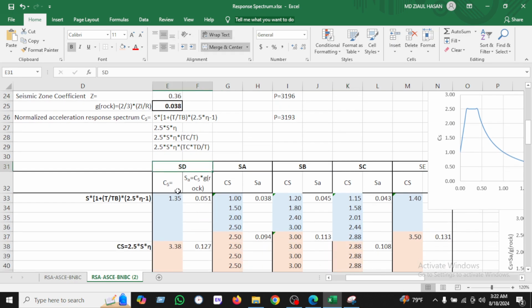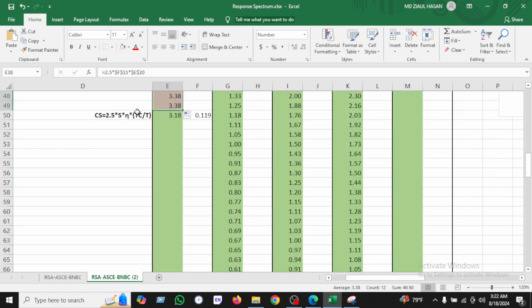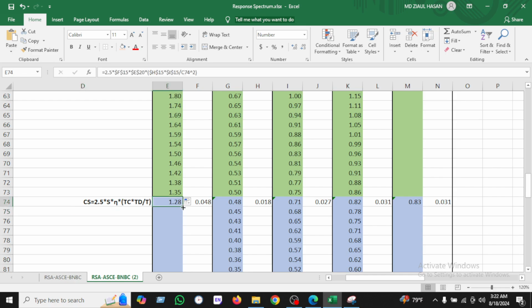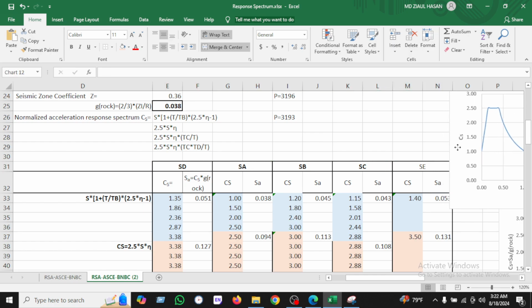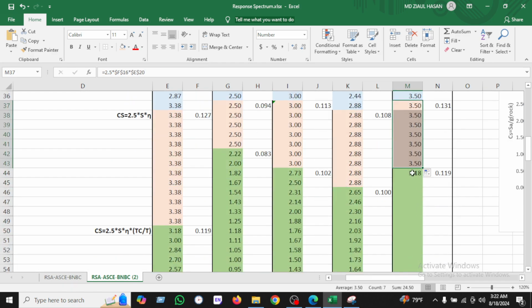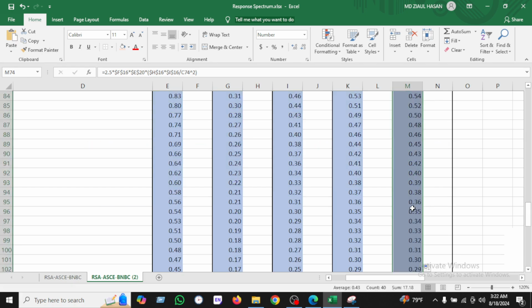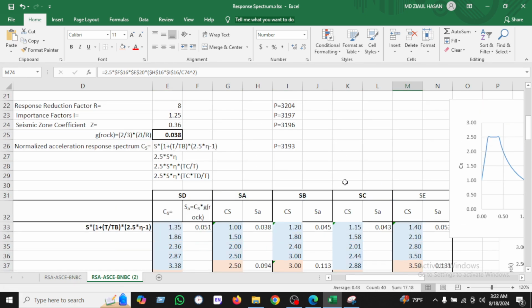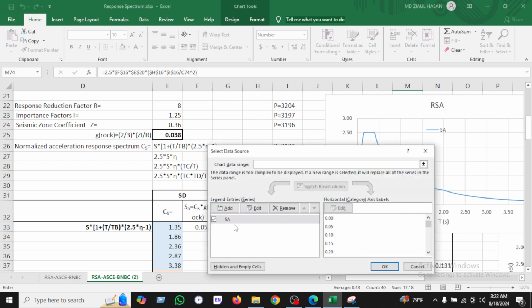At first I am doing the first formula here, done, the second formula done, the third formula done, and the fourth formula is done. In the same way, for CS the first, second, third and fourth formulas are done. So all the CS are found, and now we will plot.